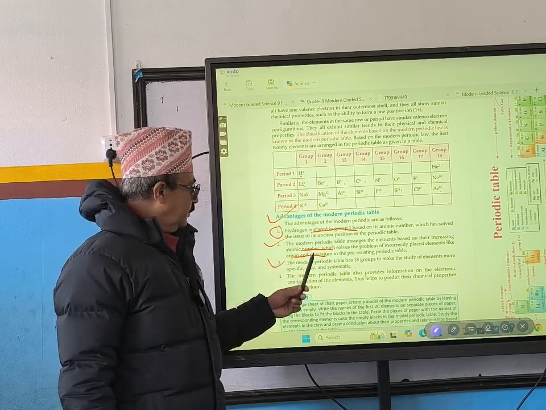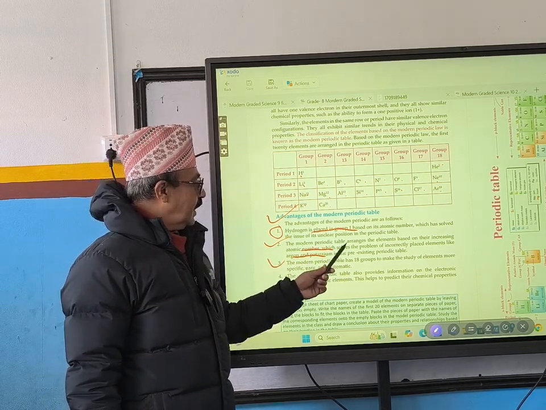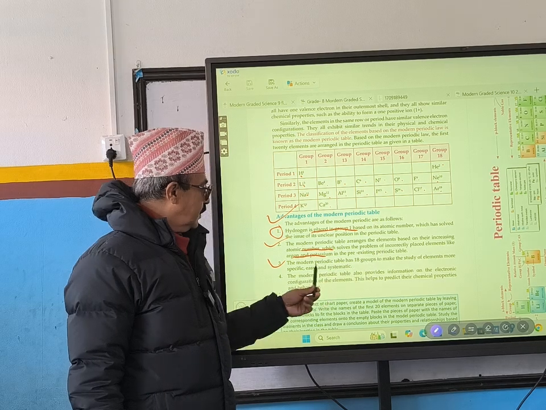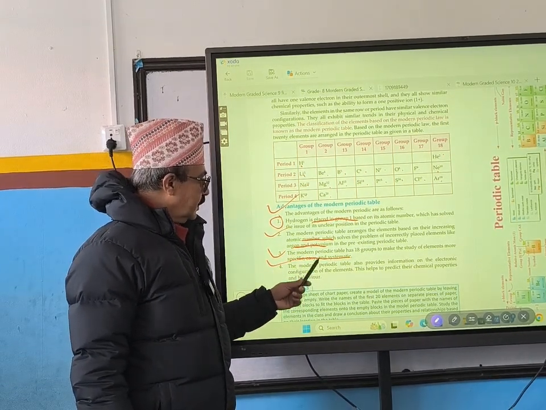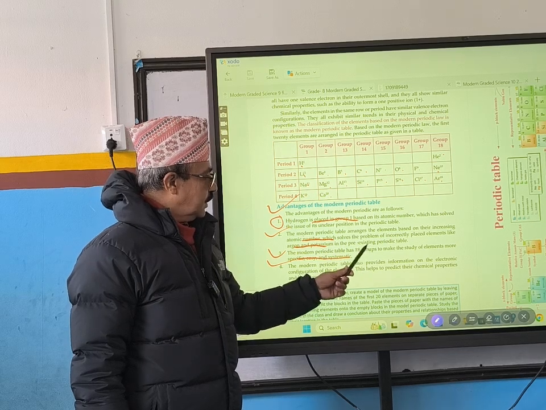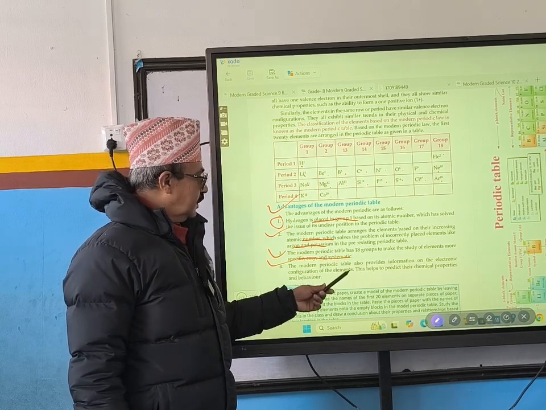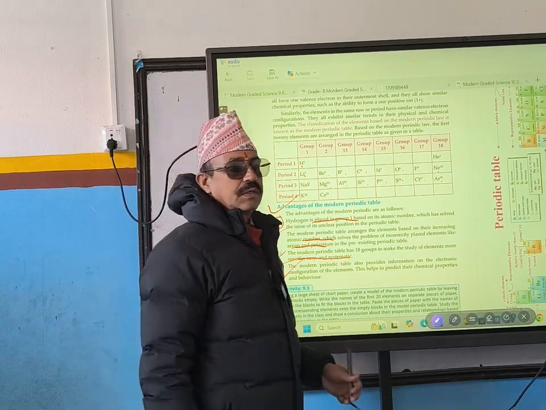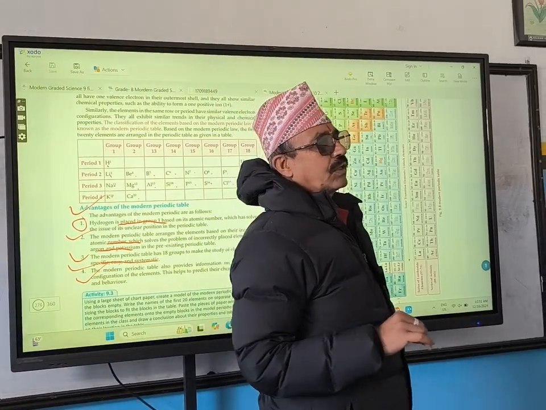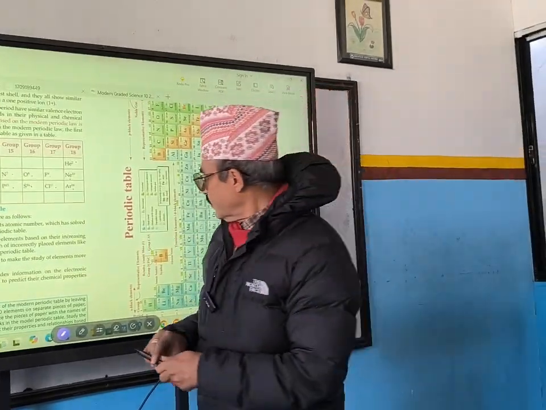Point number 3: the modern periodic table has 18 groups to make the study more specific. And point number 4: it also provides information on the electronic configuration of the elements. This helps to predict their chemical properties and behavior. These 4 importances we have to keep in mind, right?